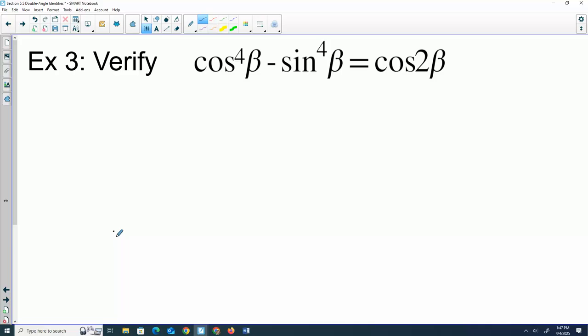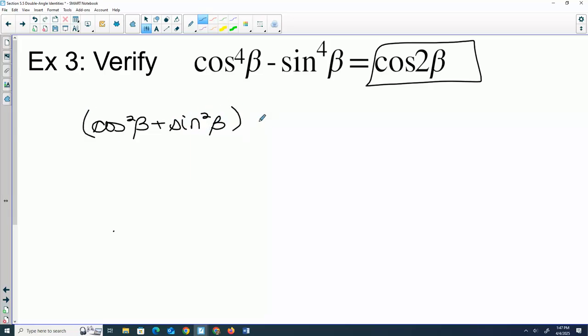All right. We pick a side to box it. Any thoughts? Okay. When I look at this, that's a difference of squares. So we could factor that into cosine squared theta plus sine squared theta times cosine squared theta minus sine squared theta.